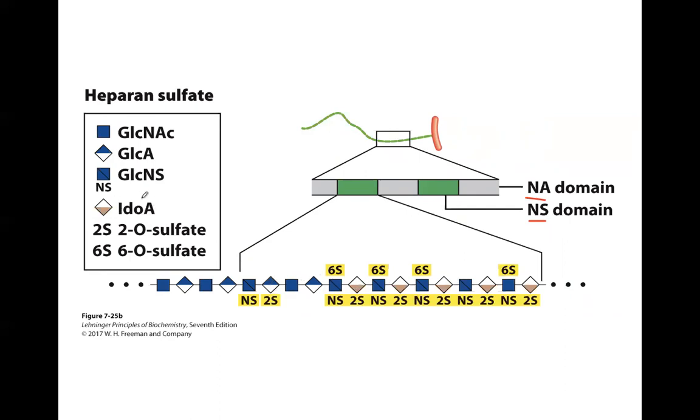There's iduronic acid, an unusual sugar, and glucuronic acid, sulfated, and so on and so forth. This is just to give you a general idea of what these glycosaminoglycans look like. Obviously, I will not ask you for all these details on the test, but I will want you to know the difference between glycoproteins and proteoglycans, and the difference in structure and in functions.